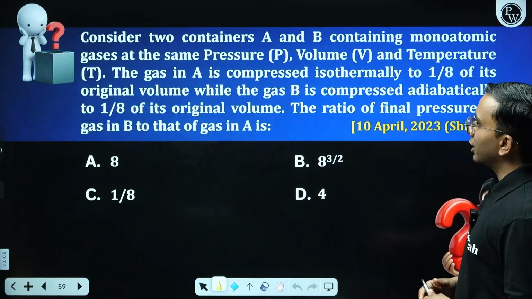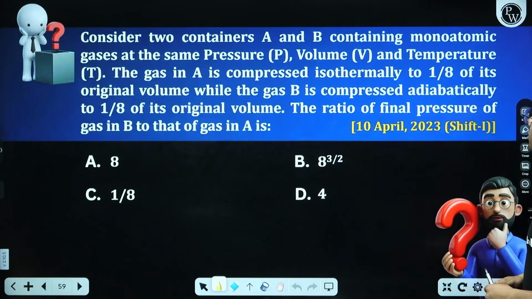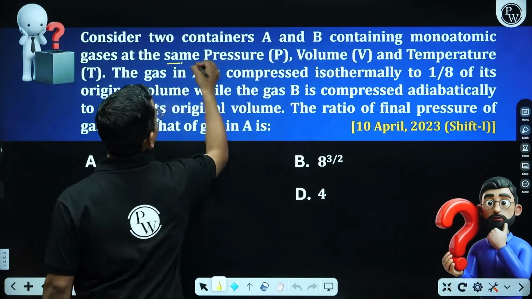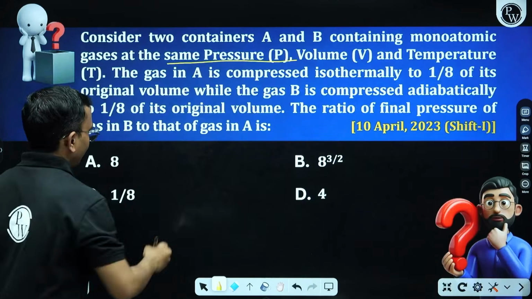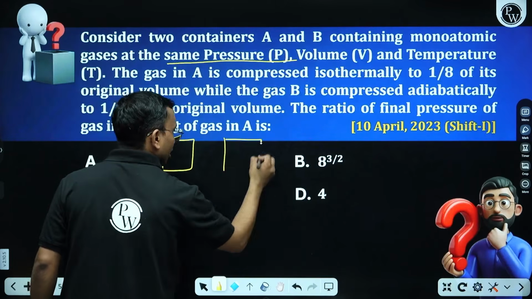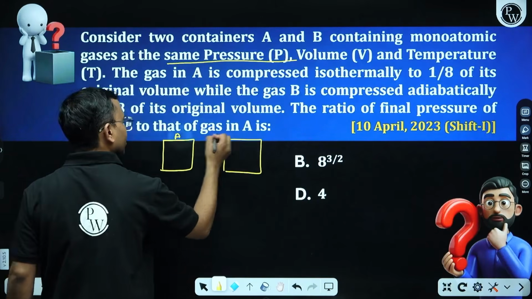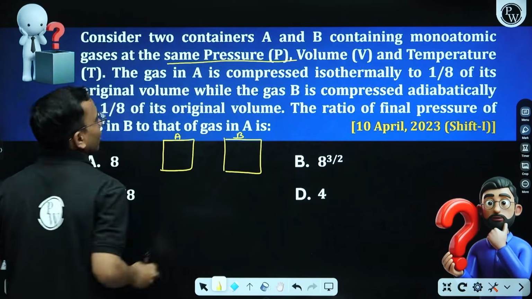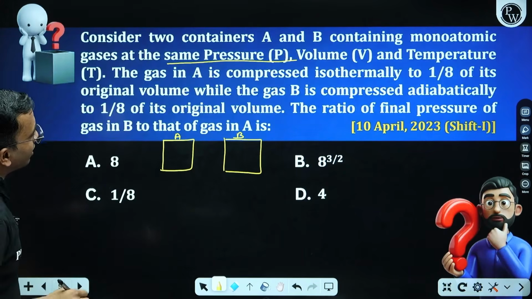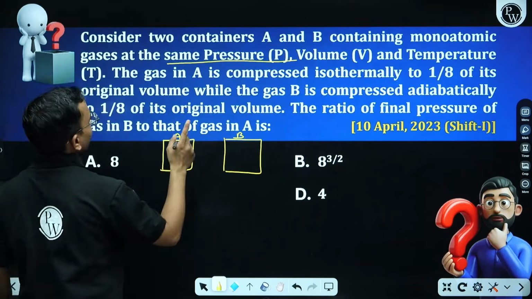Another question: consider two containers A and B containing monoatomic gas at the same pressure, volume and temperature.